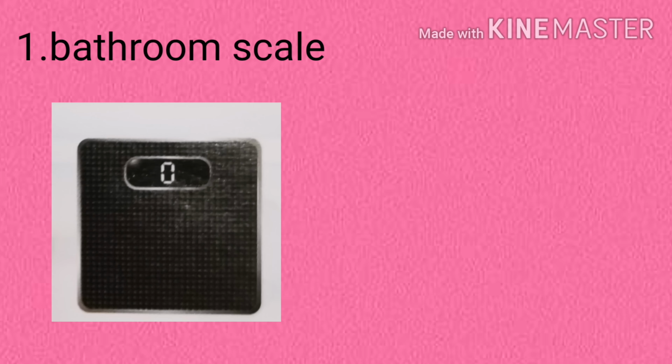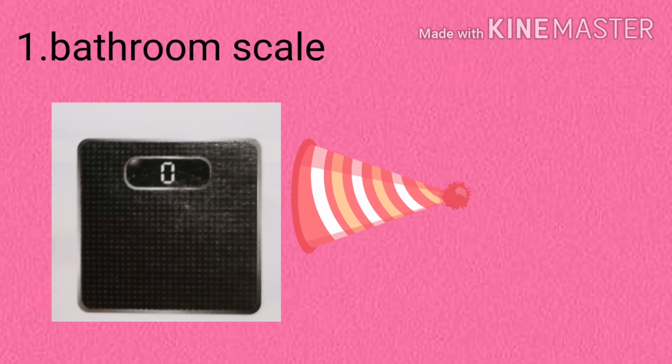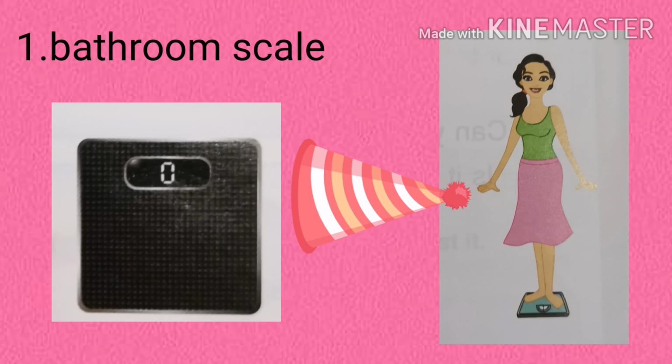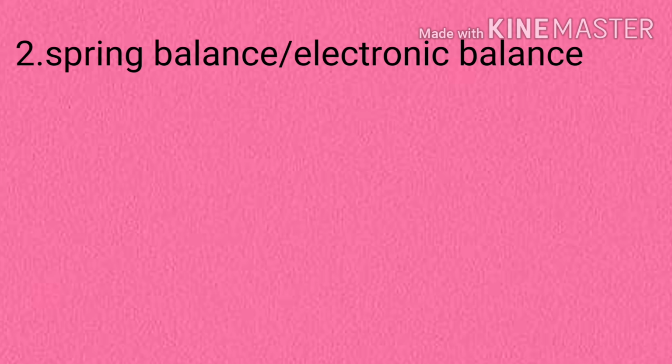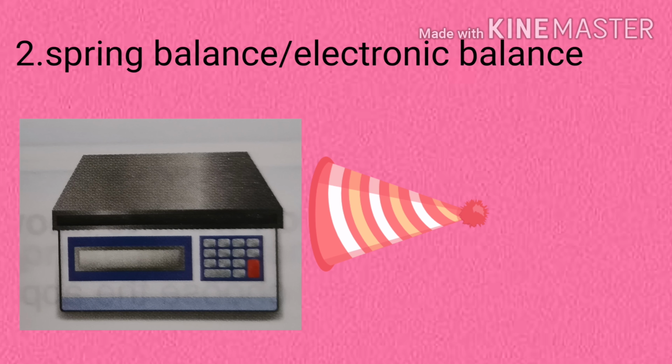Number 1, we use a bathroom scale to measure our body mass or weight. Just like this. Number 2, we use a spring balance or electronic balance to measure the masses of the things we buy.